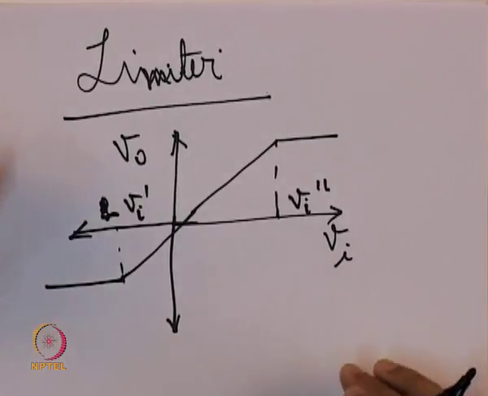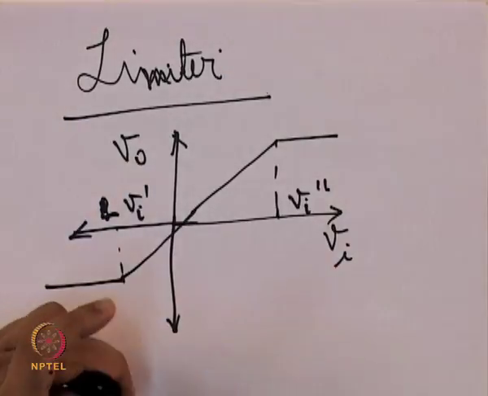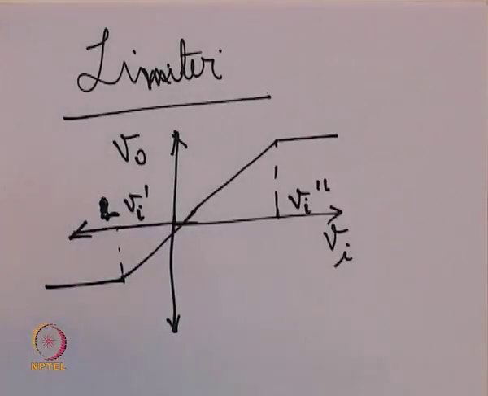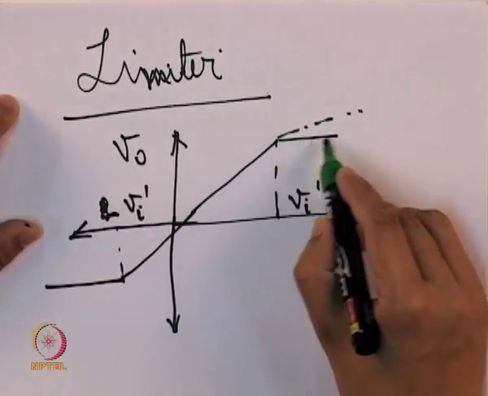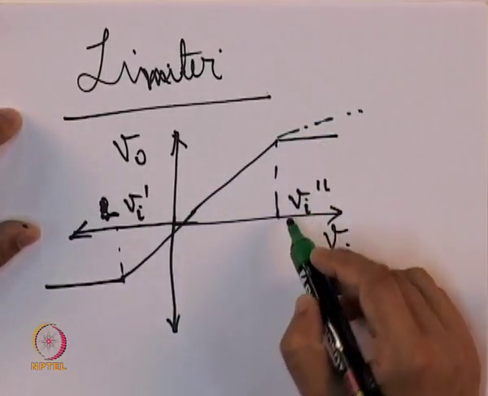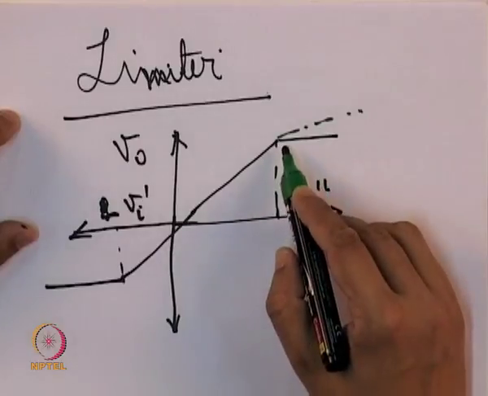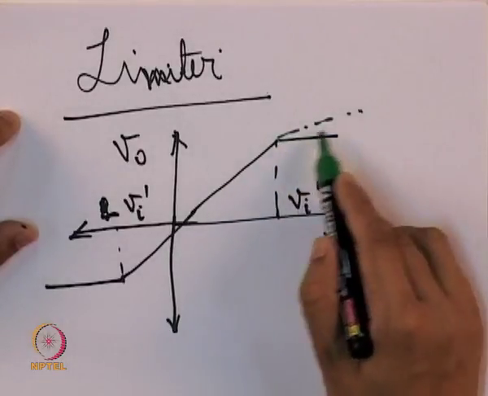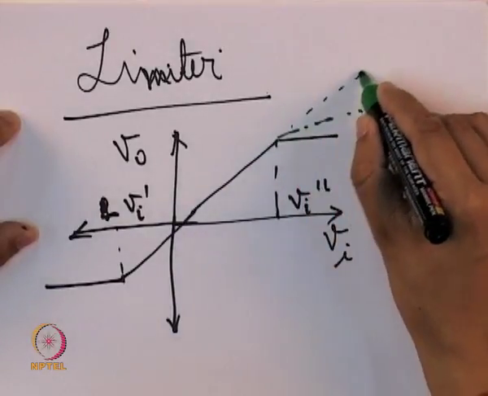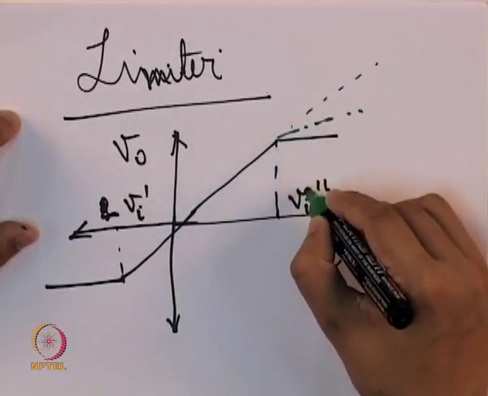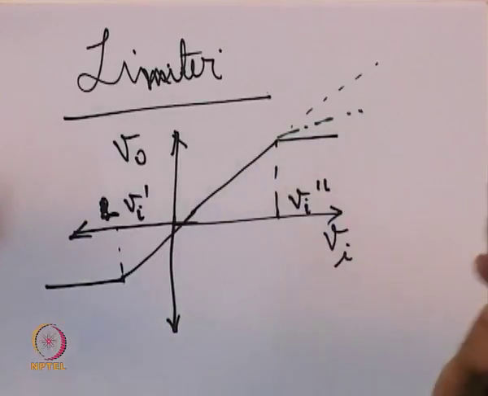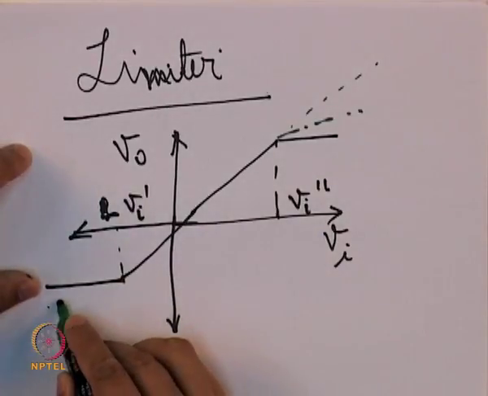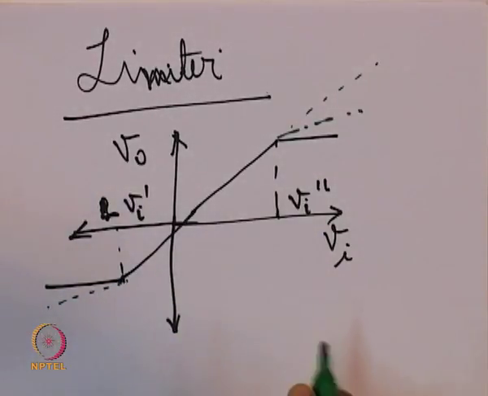So, that is an ideal limiter, but suppose instead of such a strict cutoff, I have a circuit where instead of the output becoming flat after a certain input voltage, say V I double dash, the slope changes abruptly, whereas originally it was supposed to go like this, but after this input voltage V I double dash, the output follows a different slope, and in this case also the output follows a different slope, then that circuit is also called a limiter.